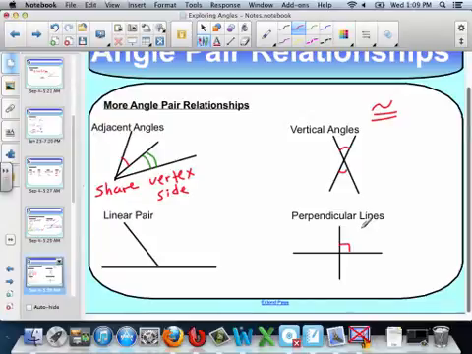Do we get vertical angles with perpendicular lines? Yeah. Now down here, I also have another right angle. So we still have vertical angles. So what's the definition? They intersect at right angles.